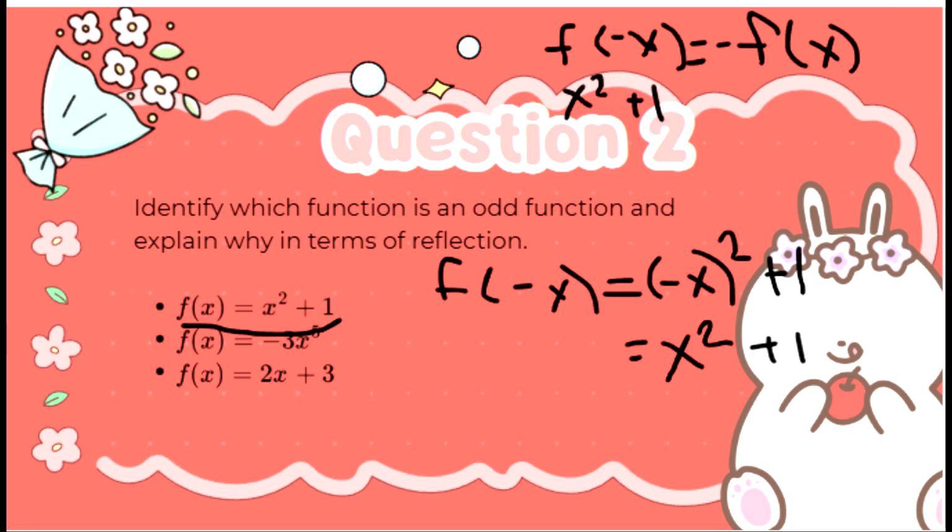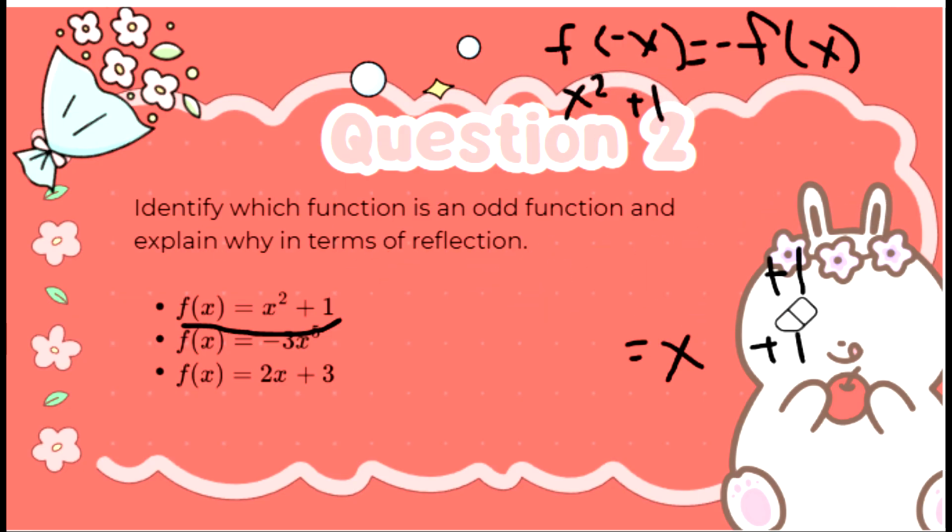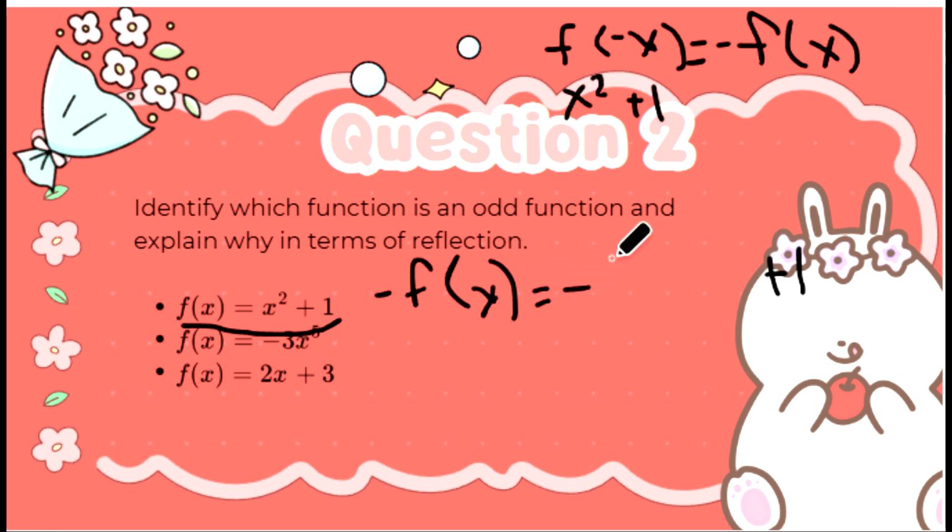Let's see what happens when we do it for negative f of x. When we have negative f of x, that means the whole problem is going to become negative. So we're going to put a negative and a parenthesis around the whole problem, x squared plus 1, which means this negative needs to get distributed out to everything.